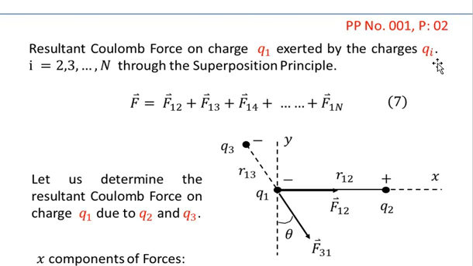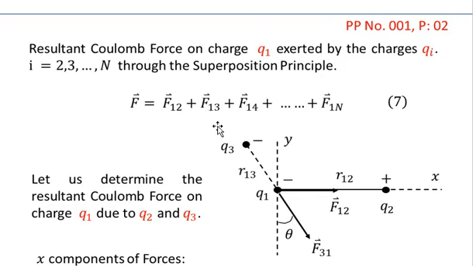All these forces in vectorial form can be added together to give you the resultant force, as given in equation number 17. On the left hand side, I have capital F, which is the resultant force on charge Q1. And on the right hand side, I have F12, which means the force on charge 1 due to charge 2.